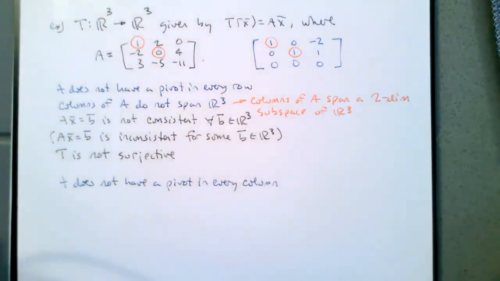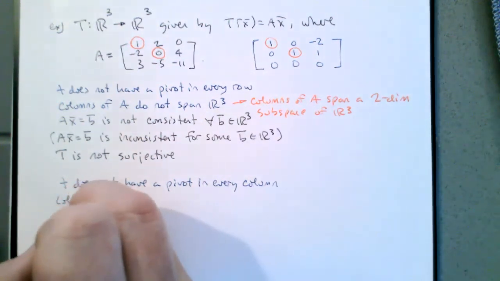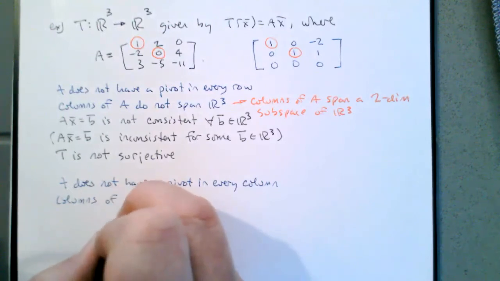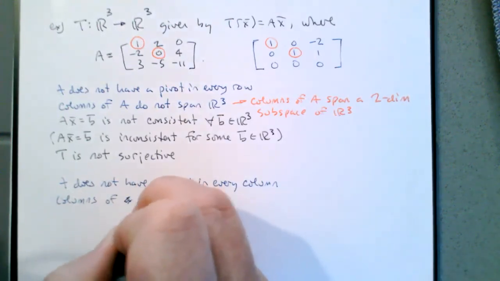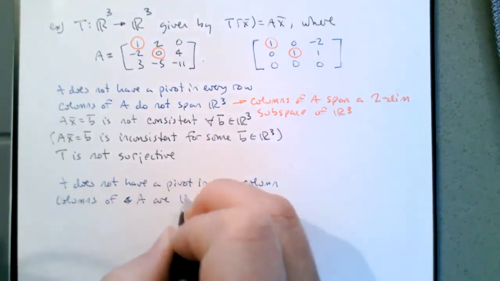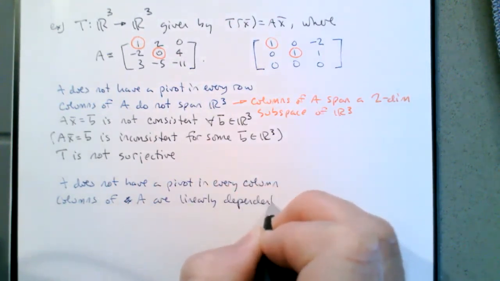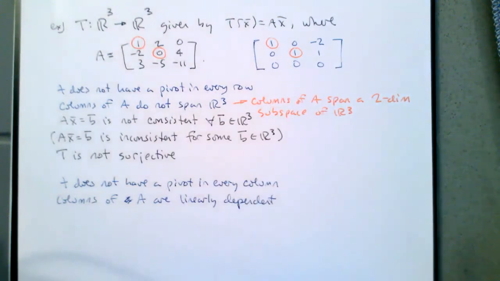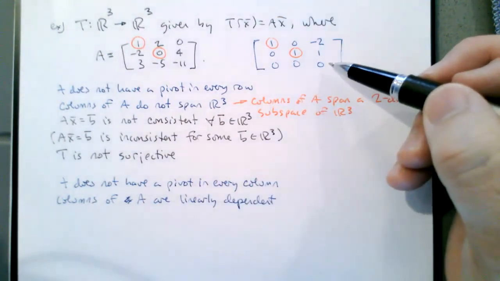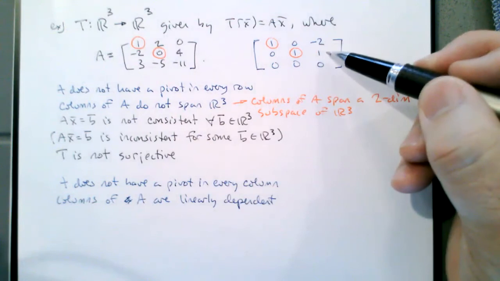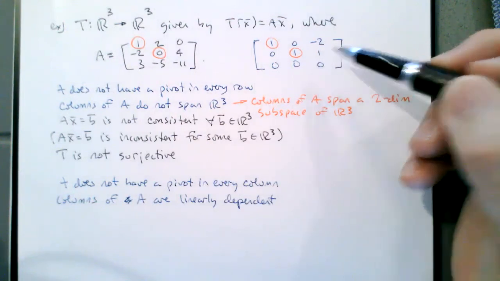So let's talk about the column stuff that we notice. As a set of vectors, the columns of A are linearly dependent. In particular, we can see that A3 is negative 2A1 plus 1A2.